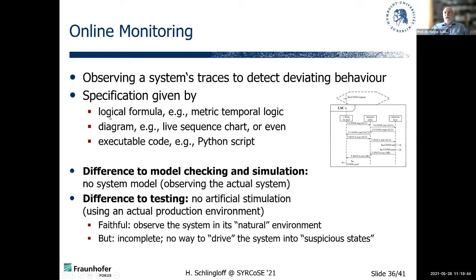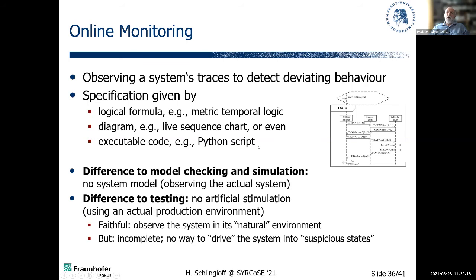We give the specification by a logical formula. We have defined a metric temporal logic. We also experimented with other approaches where we have a diagram. In one paper, I sketch how live sequence charts can be adapted for this approach, or it could even be code, Python scripts, supervising such a system. We will do that.